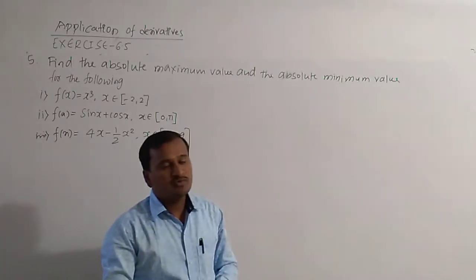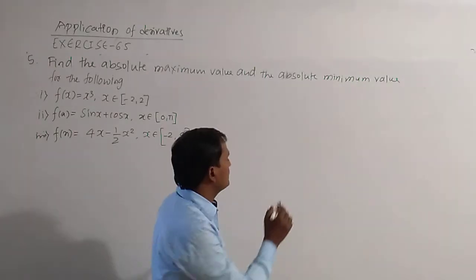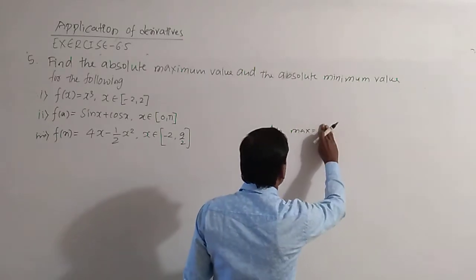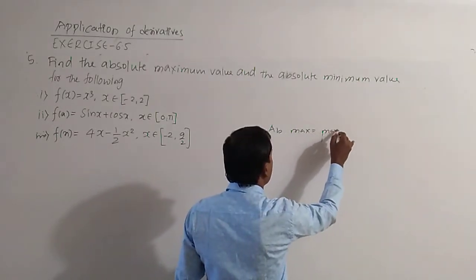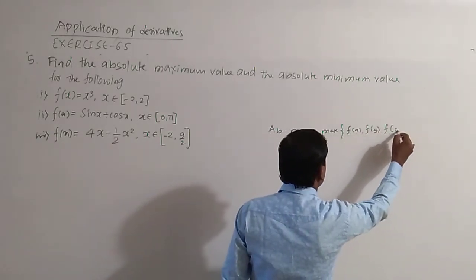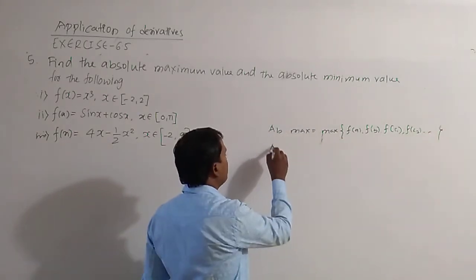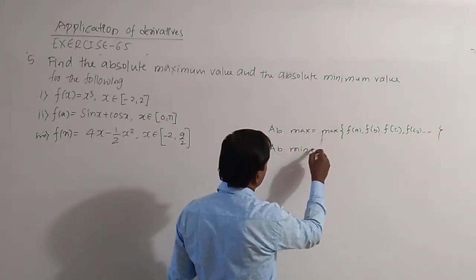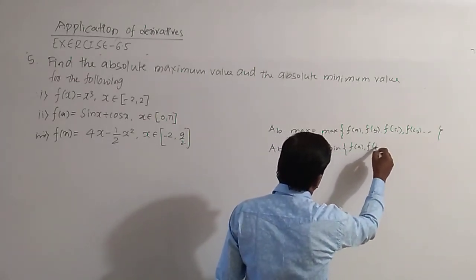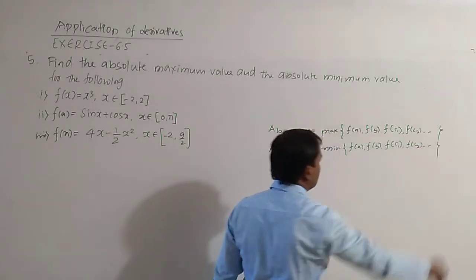And to find the absolute maxima and absolute minima, here I will write: absolute maxima is equal to the maximum of f of a, f of b, and f of c1, f of c2, and so on. Similarly, absolute minima is equal to the minimum of f of a, f of b, f of c1, f of c2, and so on.